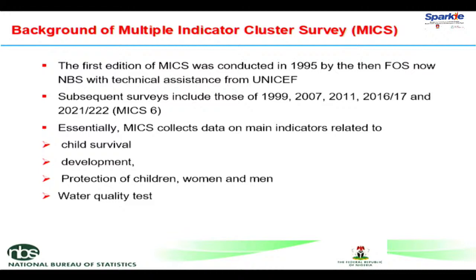Of course, currently we have the WASH NORM survey that deals extensively on water treatment and all those things. So in case your research is tending towards water, those are the publications I will always advise you also look into.